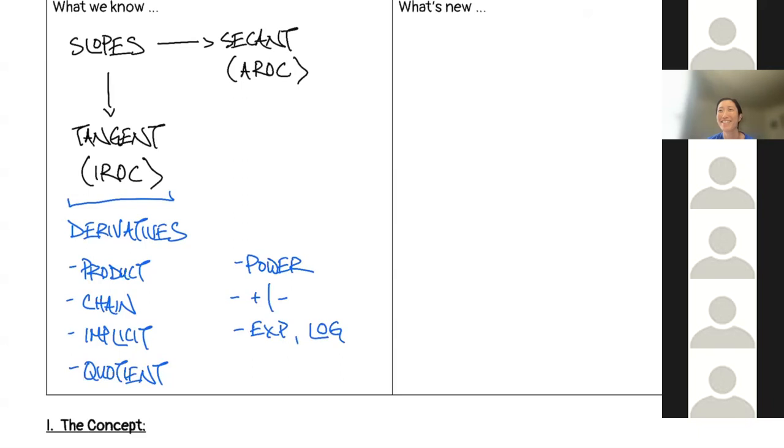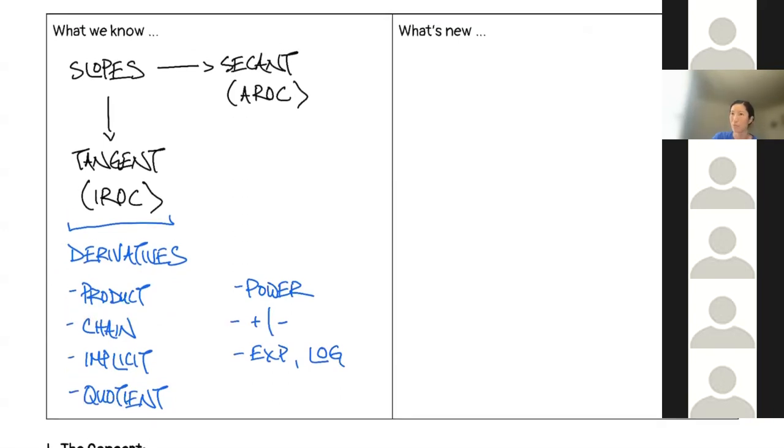Okay, you don't like it with the quotient rule. Yeah, I could see that. Okay, I wonder if someone could maybe type into the chat real quick, how do we know when we use product rule? Right? How do we know when we use product rule?